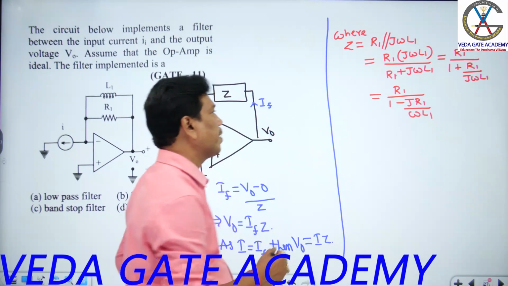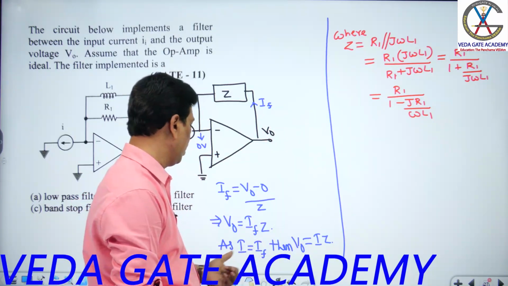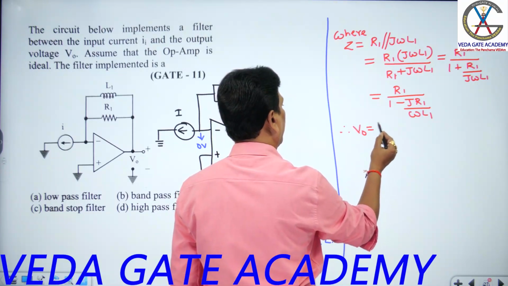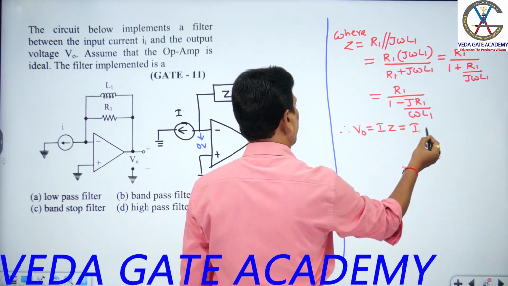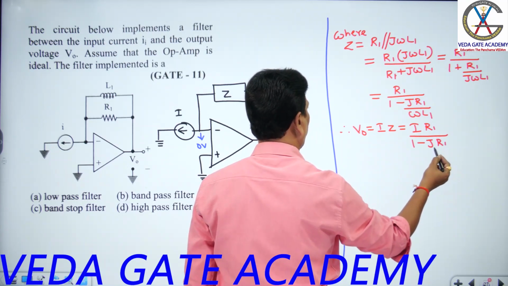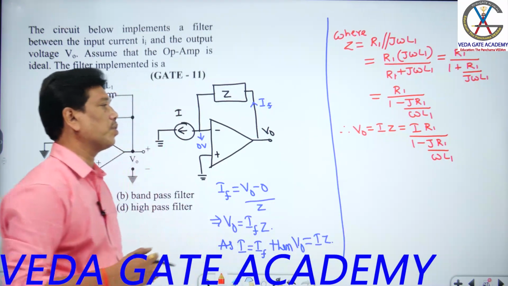Can I write like this? 1 by j equals minus j, students. This is the Z value of that LR circuit. Now I substitute that. Therefore, V0 equals IZ, which is IR1 by 1 minus jR1 by omega L1. So this is the final output equation I get, sir.